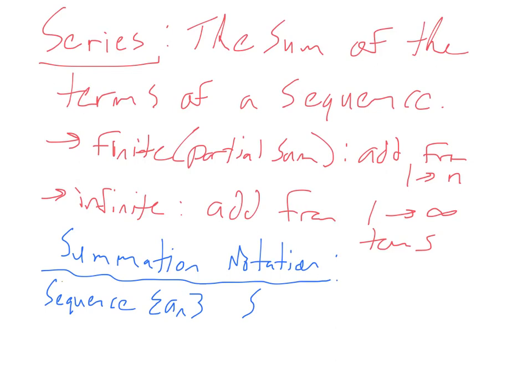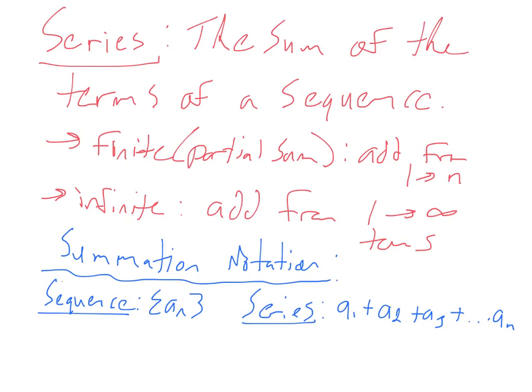Then the series would be the sum of all the terms of the sequence. So a sub 1 plus a sub 2 plus a sub 3 plus, and you could either go on all the way to a sub infinity forever, or you could just stop at a certain value n. So that's what the series would be. Just take all the terms from 1 all the way to n and sum them up.